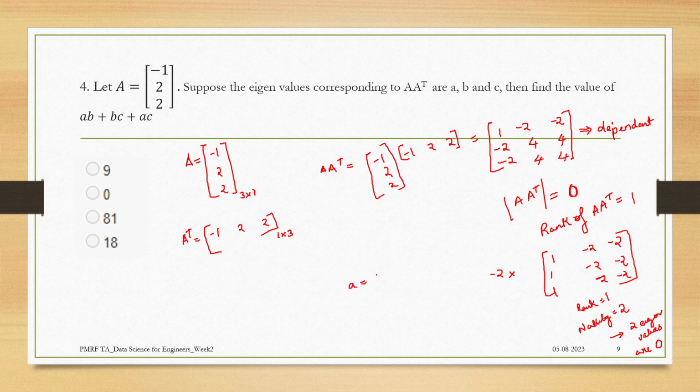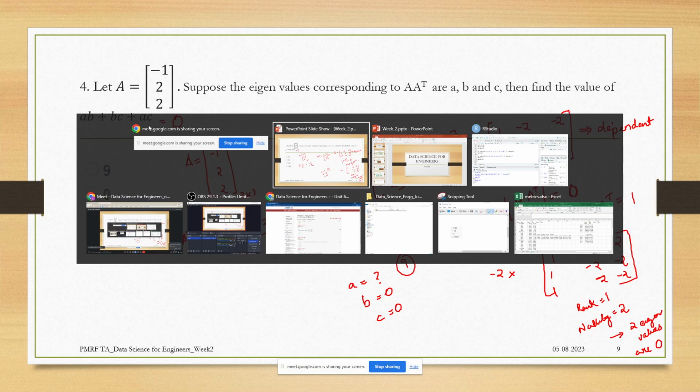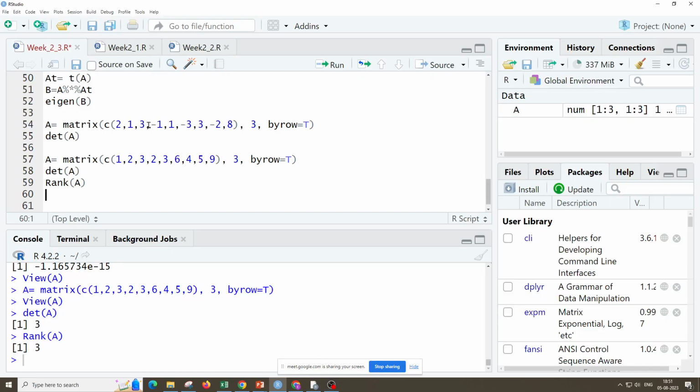One of the eigenvalues we haven't found out, and then B equal to 0 and C equal to 0. I think Jason has answered it as 9. One of the values is anyway 9, which we'll see in RStudio later, and the other 2 are 0. So the answer will be 0. The value of AB plus BC plus AC equals 0. Let's move on to RStudio.